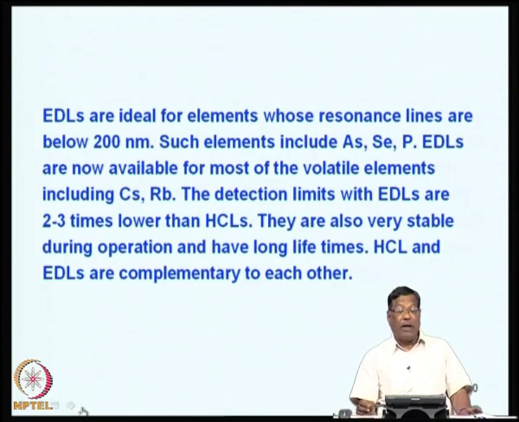EDLs are ideal for elements whose resonance lines are below 200 nanometers. As I have explained to you earlier, below 200 nanometers we have the optical problems of selection of the wavelength.